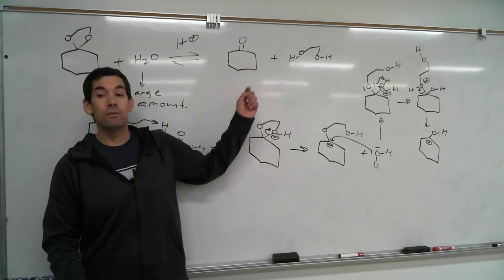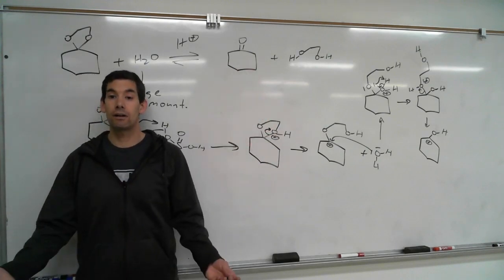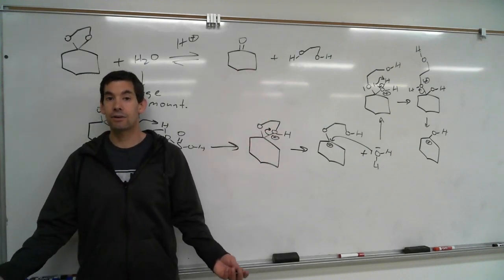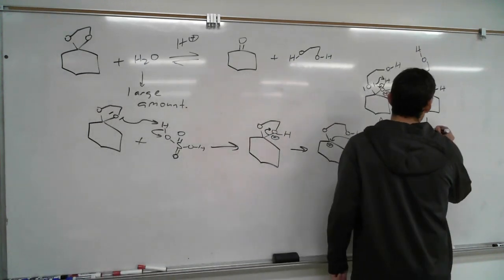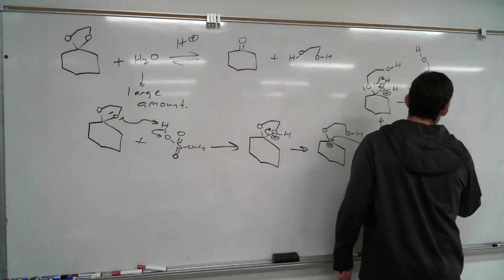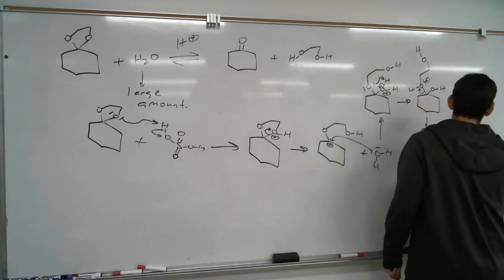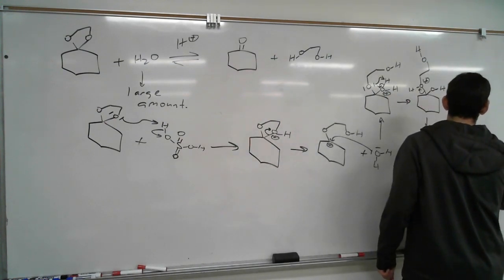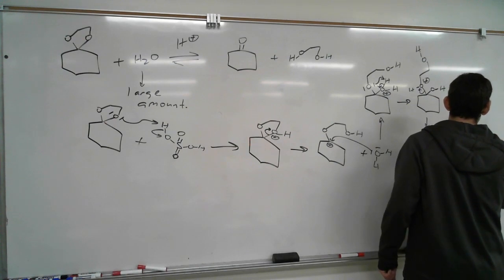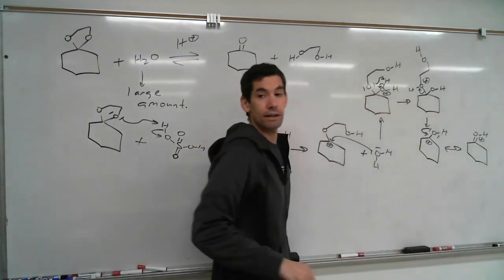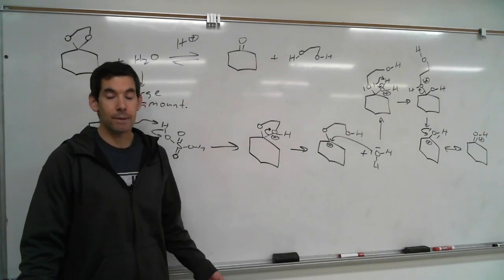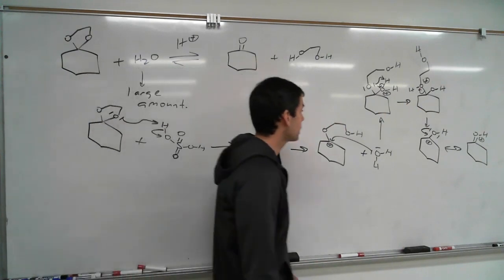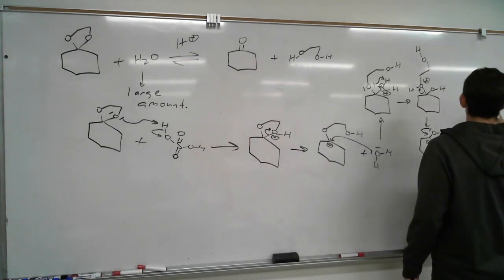How do we get to here? What do we have to do? We're going to use our best friend in organic chemistry, which is going to be our resonance structure. Resonance. Electrons come down. We got our resonance. And we generate an oxygen with a positive charge. And our last step is going to be what? Remember, it's acid catalyzed. It's going to generate our acid species back.